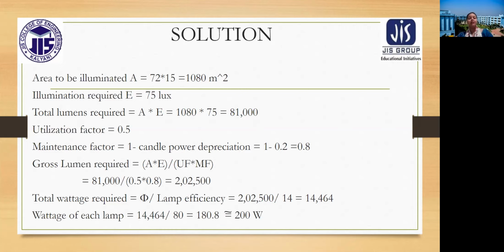And third, you have to remember the different factors like utilization factor, maintenance factor, space height ratio, minimum height, and the range of their values for this kind of problem.